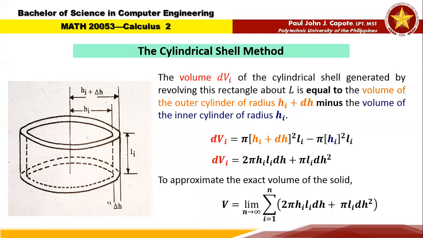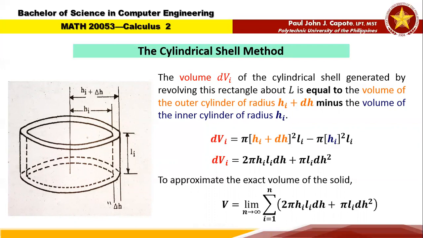So we have the volume of the cylindrical shell is equal to the limit of the summation of 2 pi h sub I L sub I dH plus pi L sub I dH squared, where I starts from 1 up to n, and n approaches infinity.